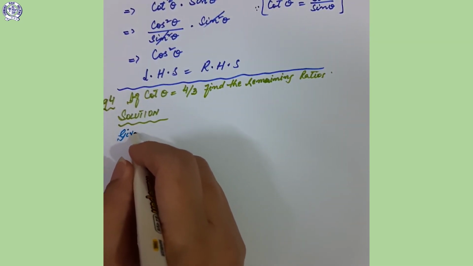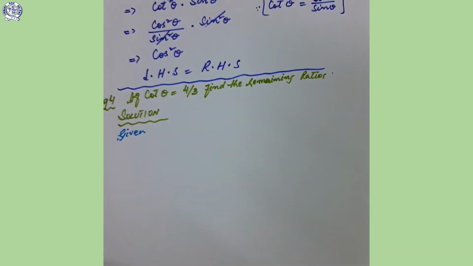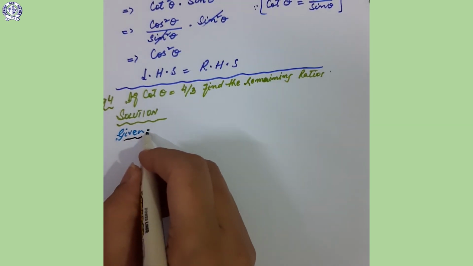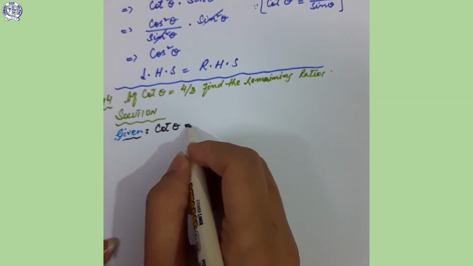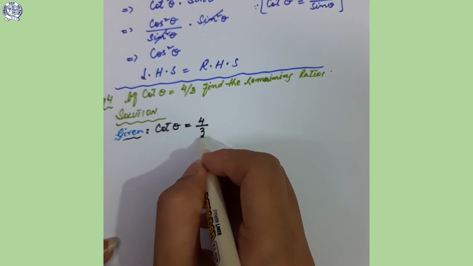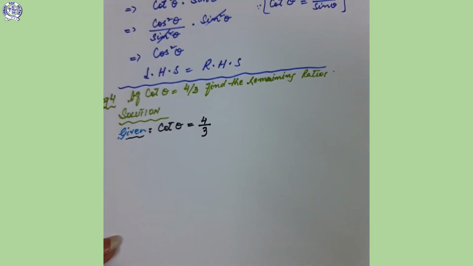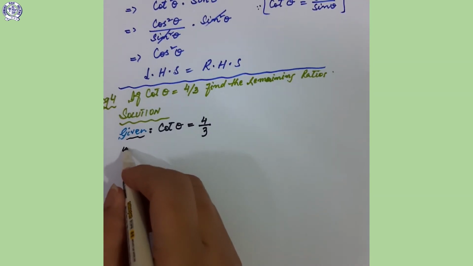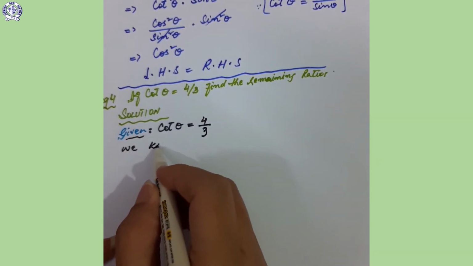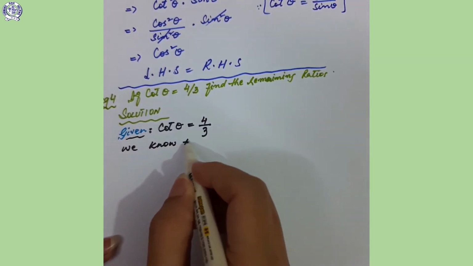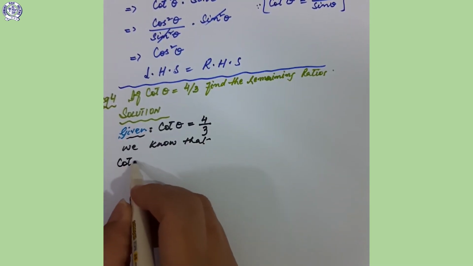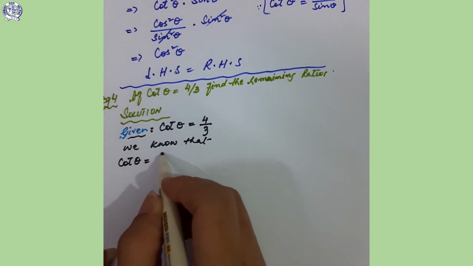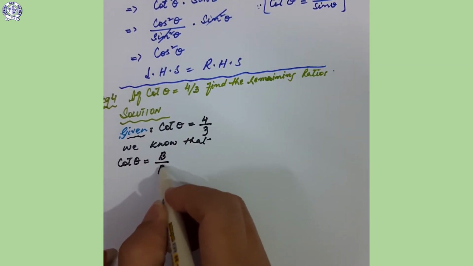Given value: cot theta equals 4 upon 3. This is given, and we know that cot theta equals base upon perpendicular.